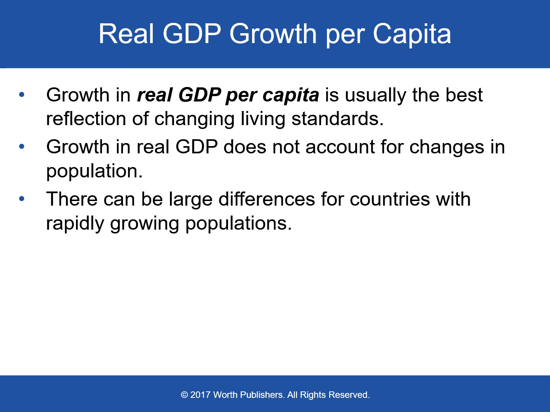If we want to know what's going on with the sort of average person's standard of living, then you have to divide by population in each year. If you have a growing population, of course, you have to divide by population to get GDP per capita, so you don't just get a big GDP because you suddenly have a bigger population.